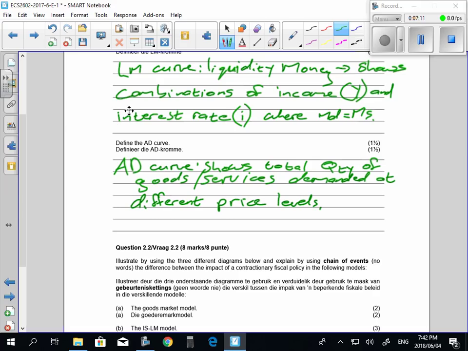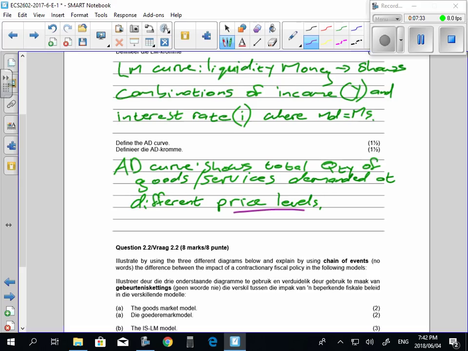So in exactly the same way as the demand curve shows the different quantities of goods and services demanded at different prices, your aggregate demand curve is simply accumulation or market demand. All right. So that's why we say price level within the economy. All right.